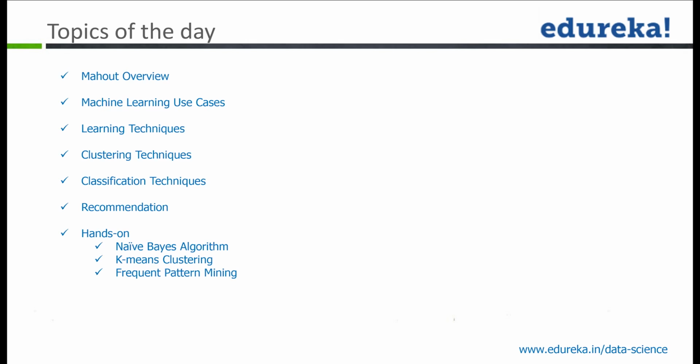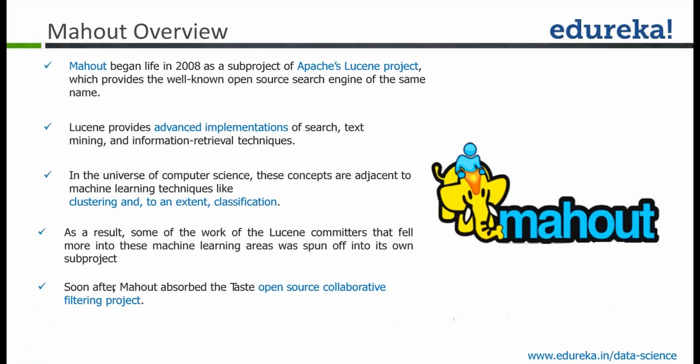Okay, we'll switch gears now and talk about Mahout. We already touched upon what Mahout is in several places, first in the first class, and also a couple of classes back, where we learned that Mahout is essentially a library, as opposed to R, which is a language.